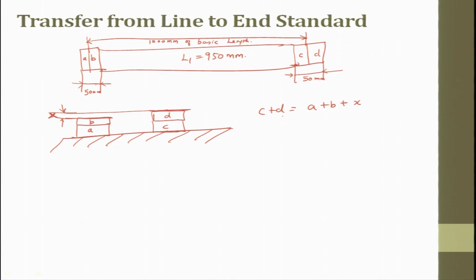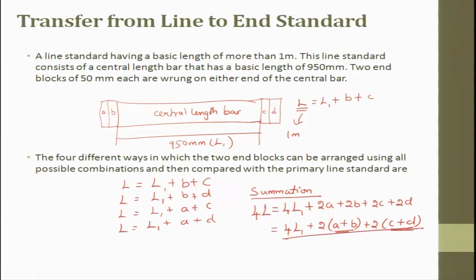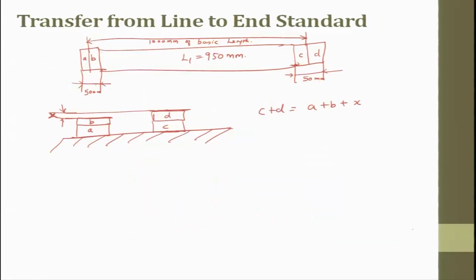Now if I go back and take the same equation from before, I rewrite it here. When I rewrite this equation, we write it as 4L equal to 4L1 plus 2 times A plus B plus 2 times C plus D. Now I replace this C plus D by A plus B plus x.